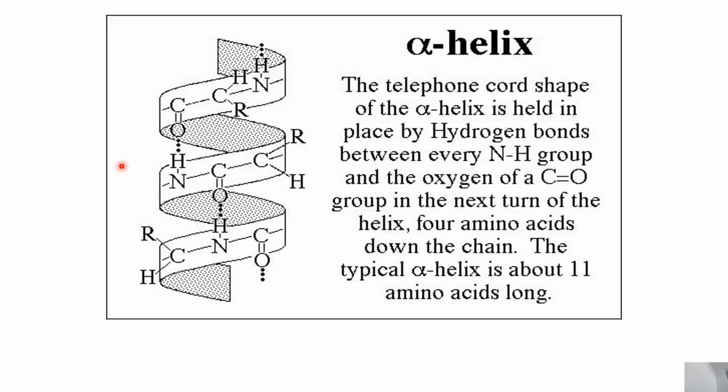The telephone cord shape of the alpha helix is held in place by hydrogen bonding between every NH group and the oxygen of a carbonyl group in the next turn of the helix, 4 amino acids down the chain. So i and i plus 4. The typical alpha helix is about 11 amino acids long.